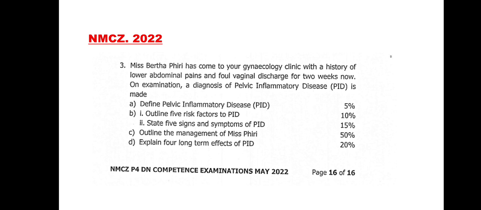The lower abdominal pain comes due to the inflammation of the pelvic organs, which will cause irritation and stretching of the tissues. Due to that irritation and stretching of the tissue, it will lead to continuous pain.